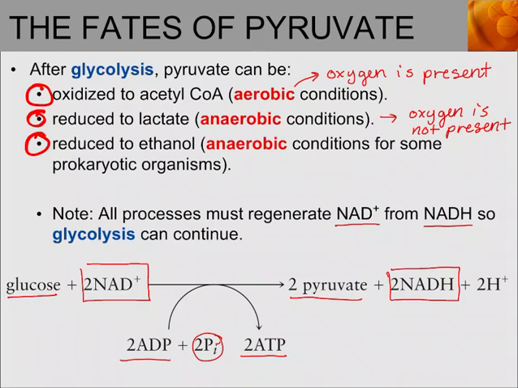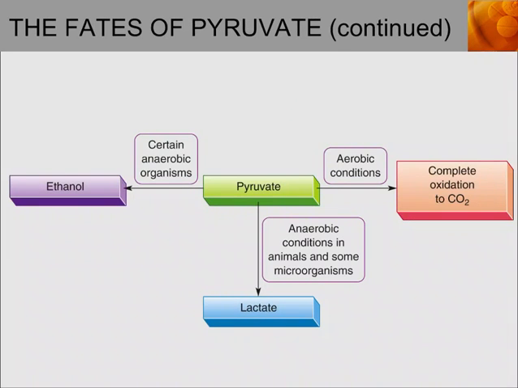All right, so let's look at the different fates in a chart, because sometimes that's easier to visualize. Again, pyruvate has 3 different possible fates. Under aerobic conditions, which is what we're looking at, pyruvate can become acetyl-CoA, which will then go on to the citric acid cycle, and it actually is completely oxidized into carbon dioxide, which is what we breathe out.